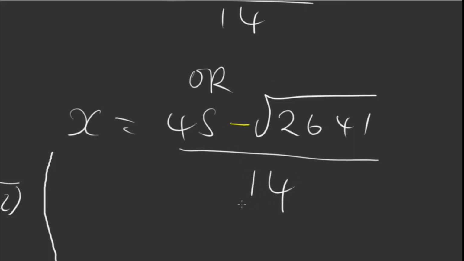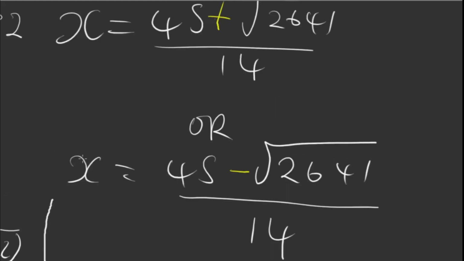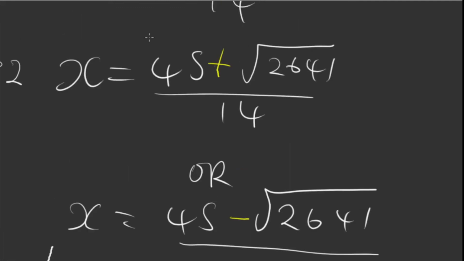You see this, friends, so x is either 45 plus the square root of 2641, divided by 14.